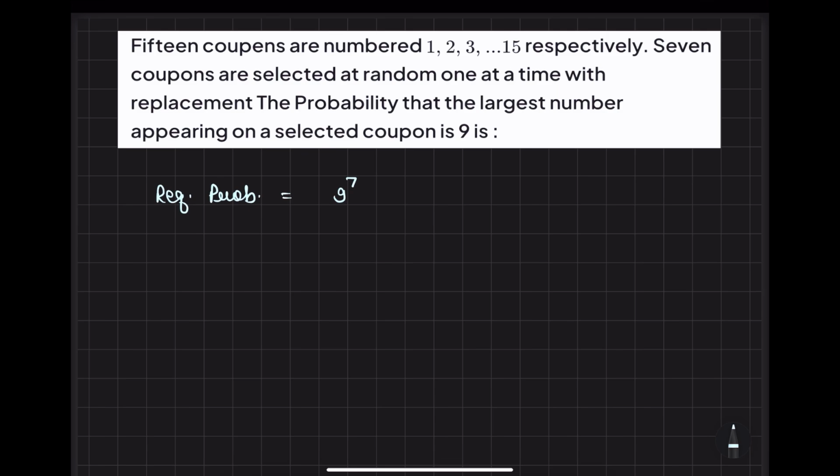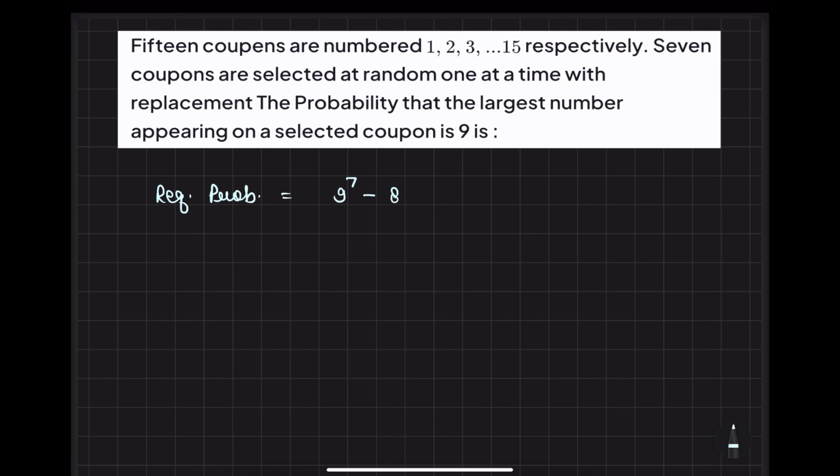Now in this case there would be some cases in which we have selected numbers less than or equal to 8. So we will remove those situations in which we haven't selected the max number as 9. The max number would end up being 7, 6, 8, like this. So we will remove all those cases where we have selected a number less than or equal to 8.